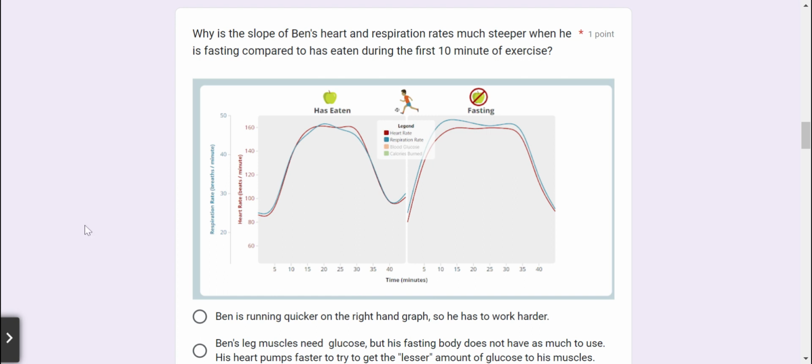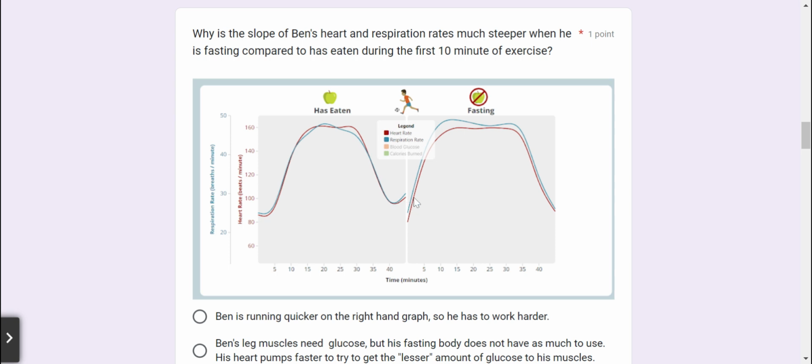Why is the slope of Ben's heart and respiration rates much steeper when he is fasting compared to when he has eaten during the first 10 minutes of exercise? So you can see the red line is his heart rate, and the blue is his respiration rate. And you can see what it's doing. This is when he's eaten.